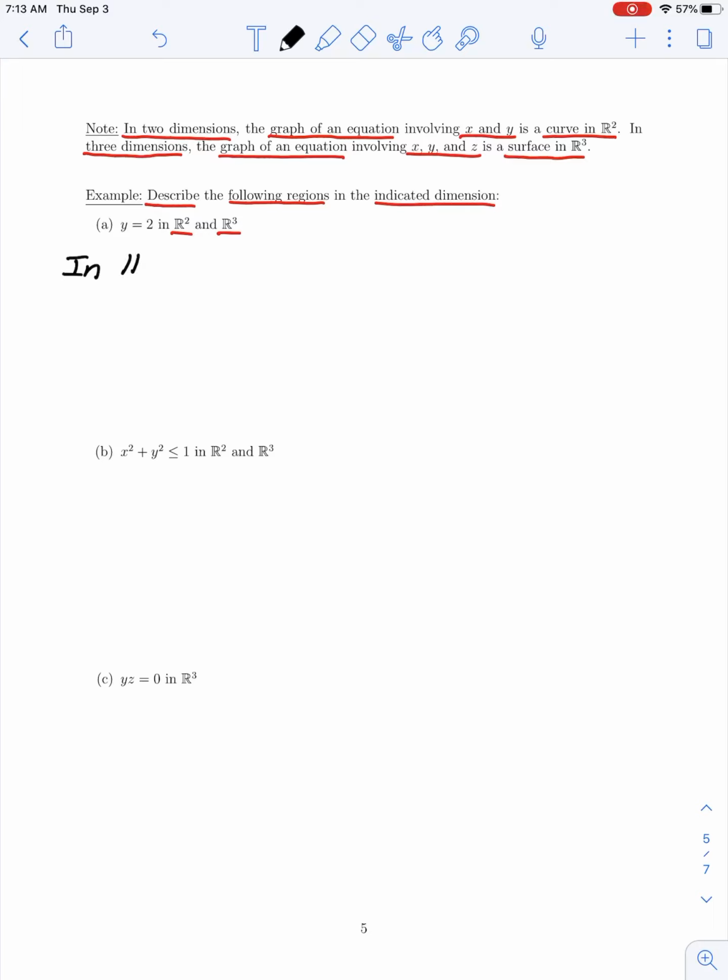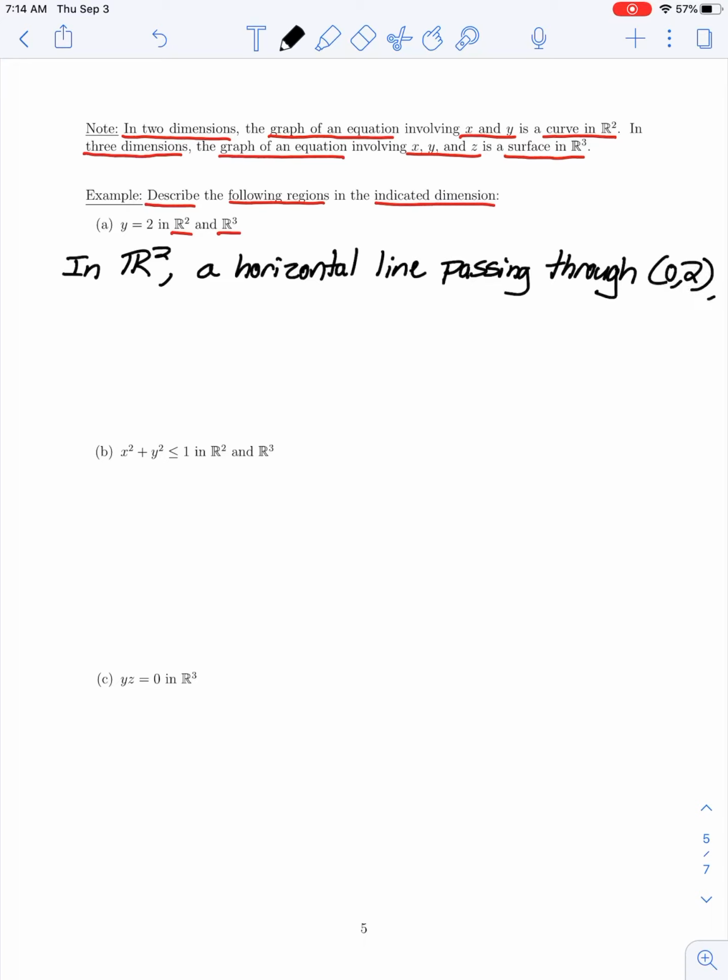So in 2 dimensions, R2, the equation y equals 2 is a horizontal line passing through the point 0, 2.